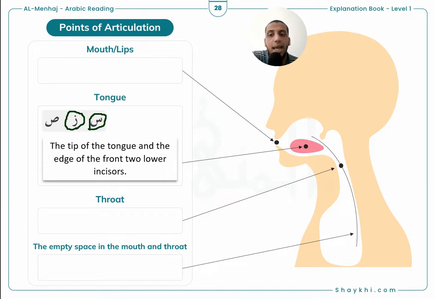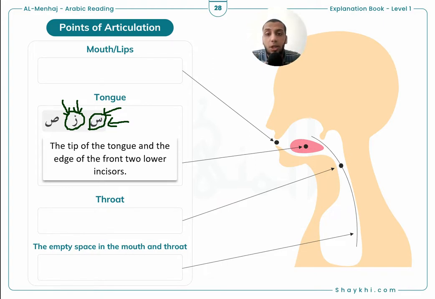When we say letter Zay, if you touch this area, you will feel a vibration of the vocal cords. But if you say letter Sin and you touch this area, you will not feel a vibration of the vocal cords.